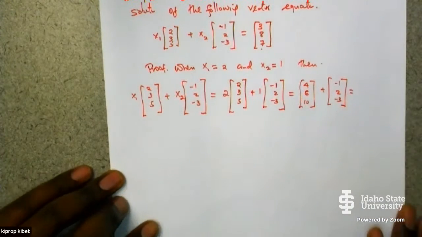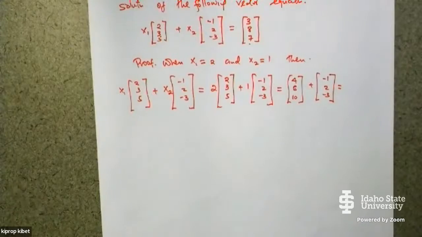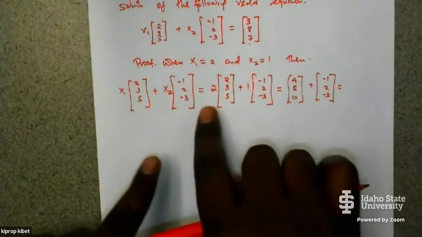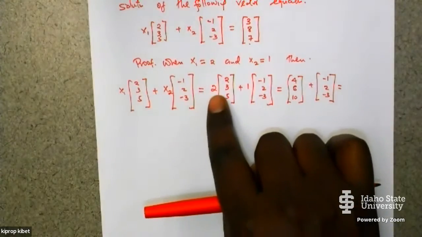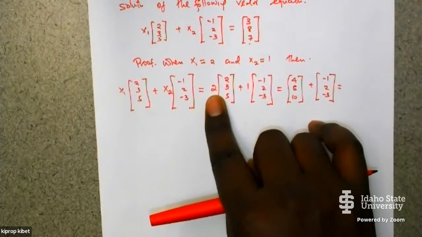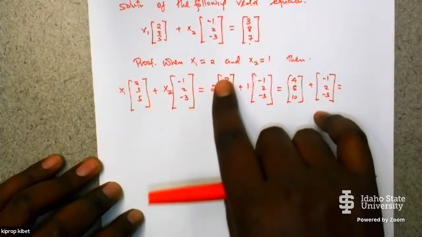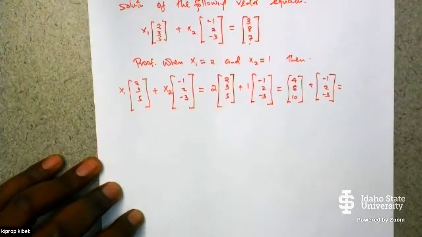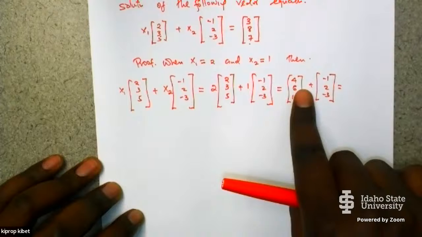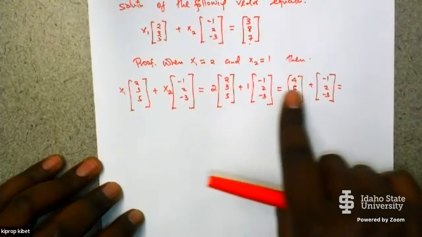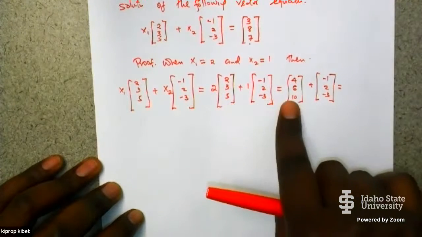When we multiply by the constant, which is 2 here, we distribute it to each entry: 4, 6, and 10.